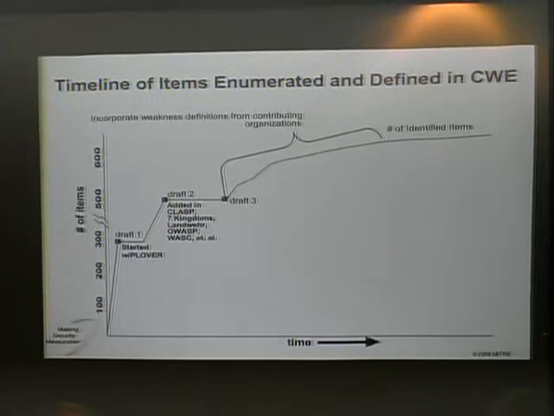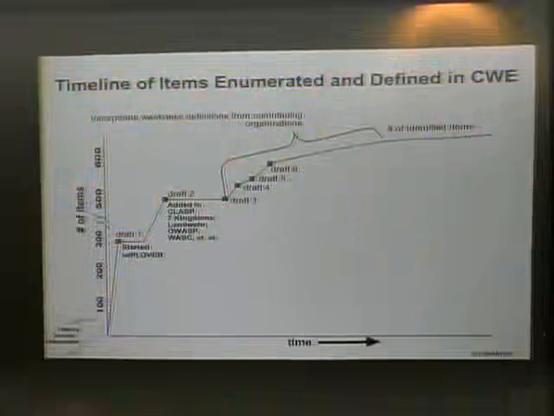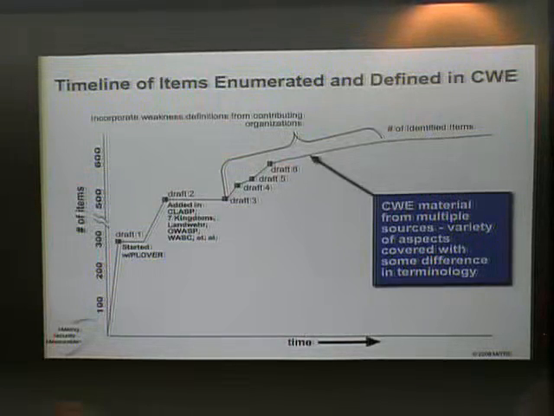We had brought in CLASP and 7 Pernicious Kingdoms and all that information from the open source before that. And we went through a couple different drafts, and at one point we said, okay, we've got enough information here. I think we can envision what we really want to have in CWE.